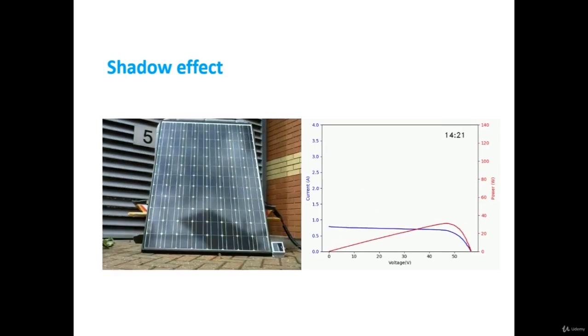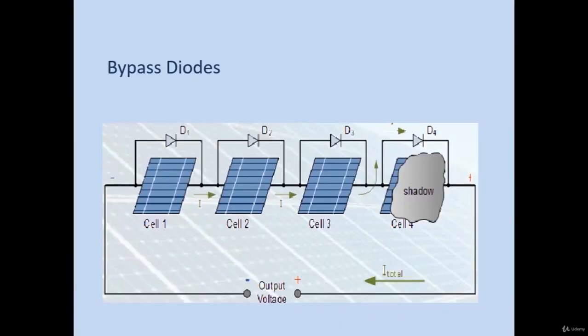So we have to ensure that the system is without shadow in the design stage to get the maximum power output from the system. There is a solution for the shadow effect, which is the bypass diode.